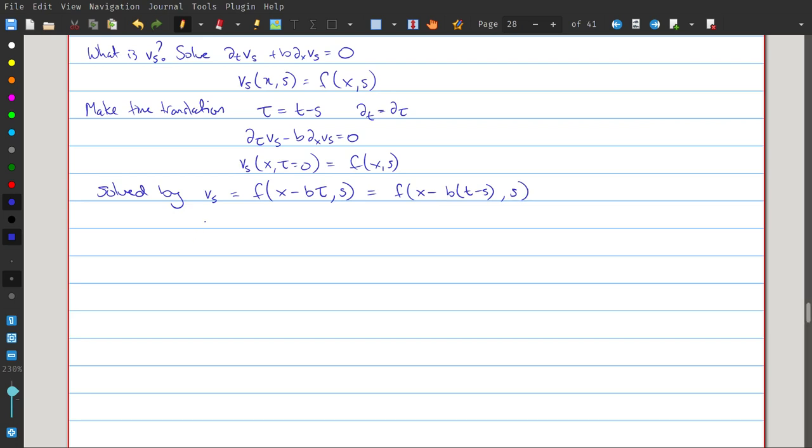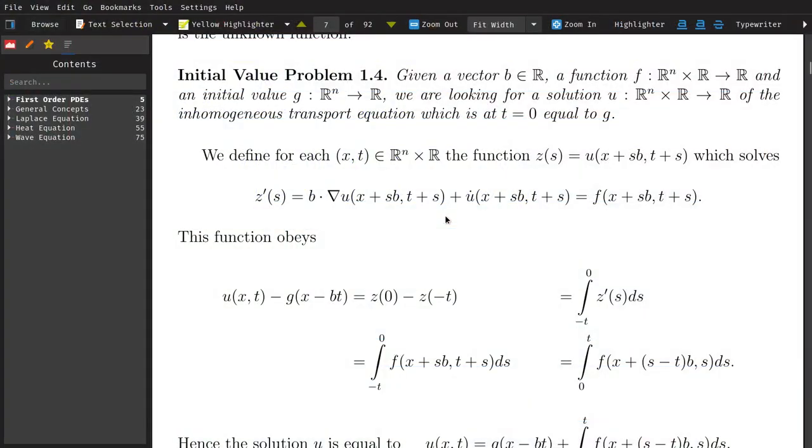And so let's just be super clear. u is the integral of this ds. And if we look in the script, what do we have? Whoops, sorry.